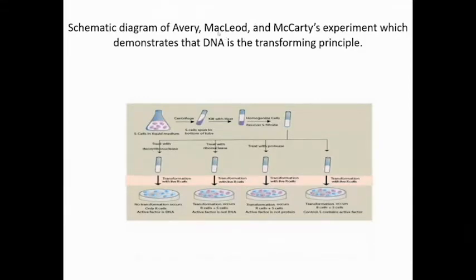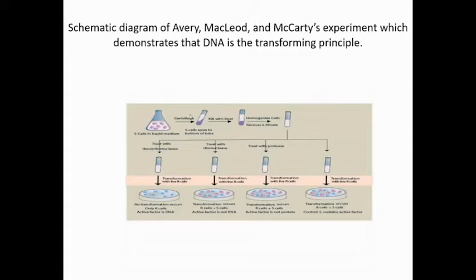Okay, so again they collect the material from the S cell, and then they use different treatments to inactivate different parts of the molecules in the cell, and then they inject it into the mice to see what happens.